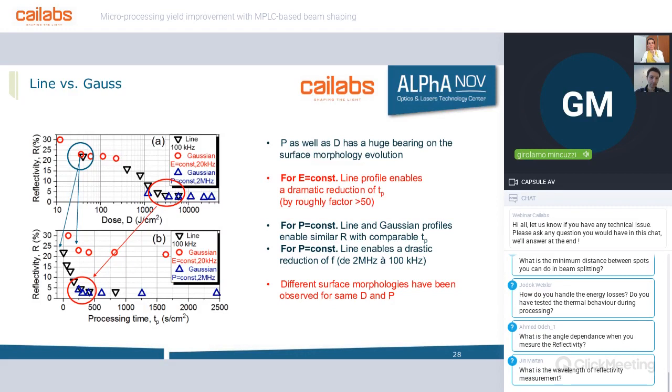When you consider power constant, the line and Gaussian profile enable the same value of reflectivity and processing time, but the line enables a drastic reduction of the repetition rate, which is something that you are looking for when your laser has high power due to high pulse energy. Then we have shown different surface morphology related to the beam shape, different shape for same dose and power.